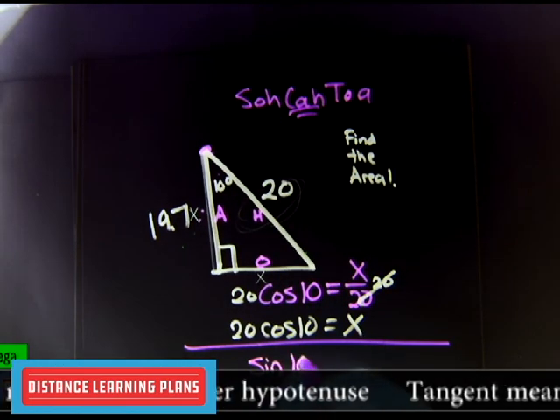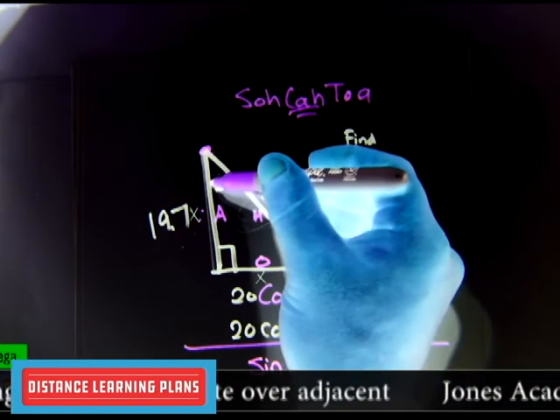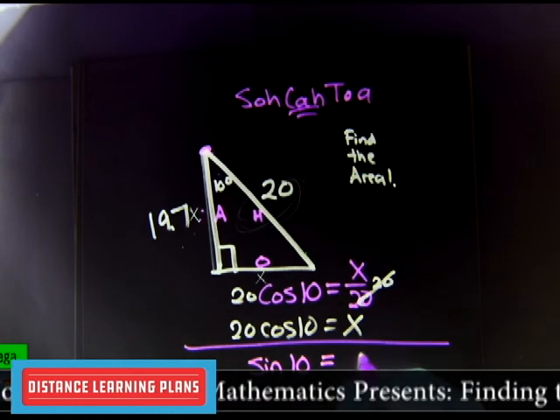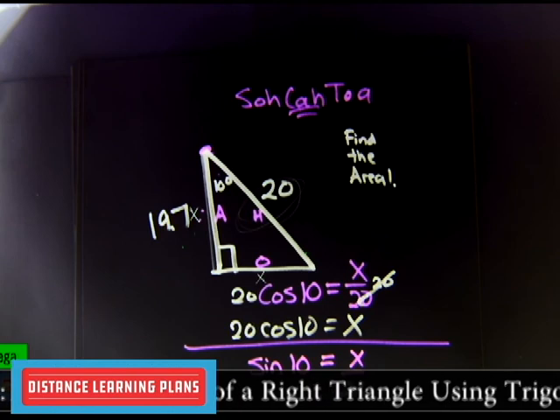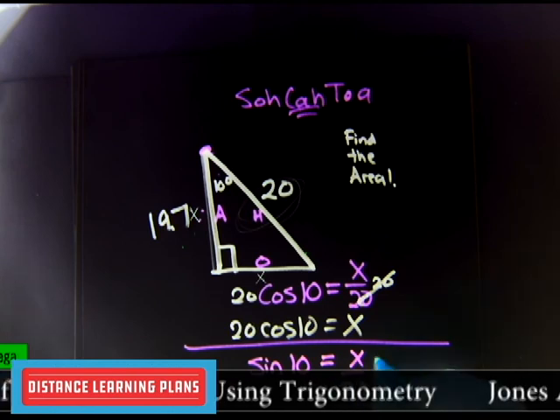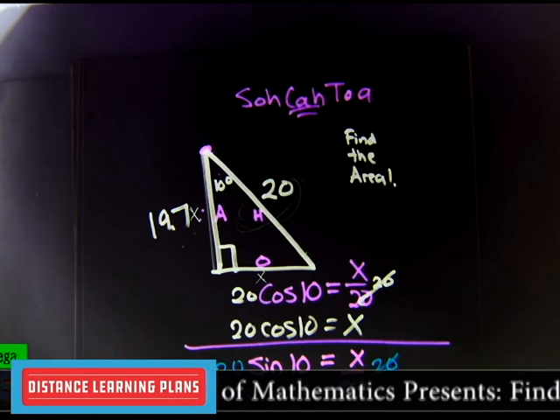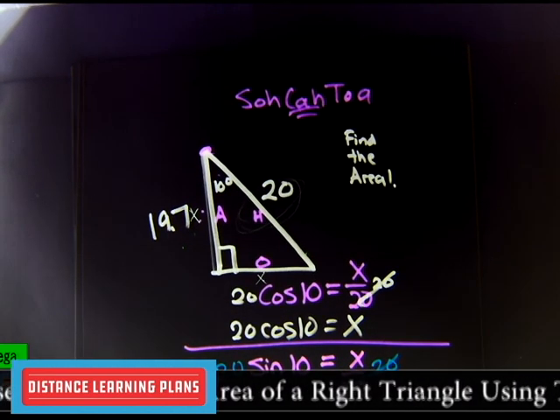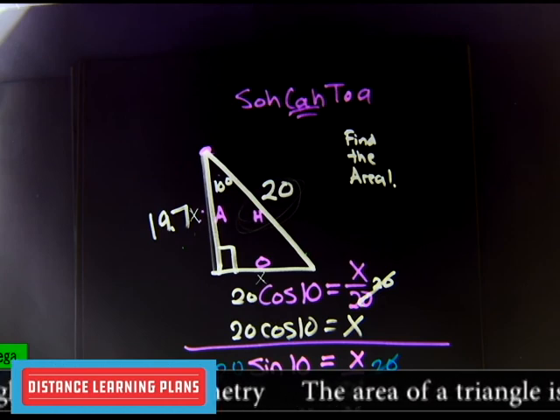Sine 10 degrees, put that 10 always next to your trig function, equals x over 20. Again, you see the 20 is underneath, so just like last time, we multiply both sides by 20. And into our calculator, we're going to put 20 sine 10 and see what we get.